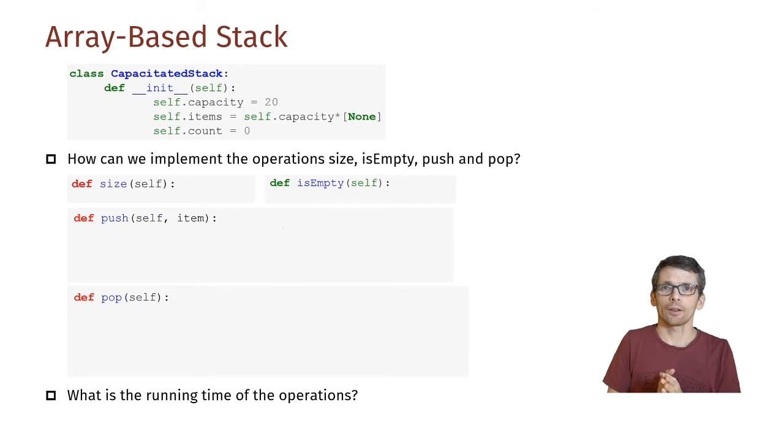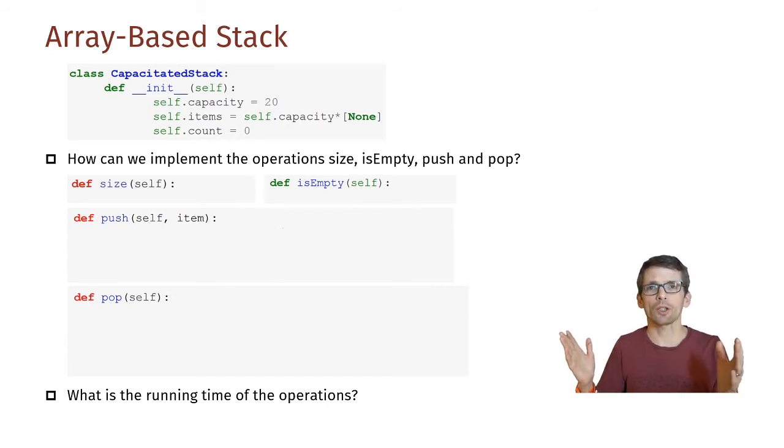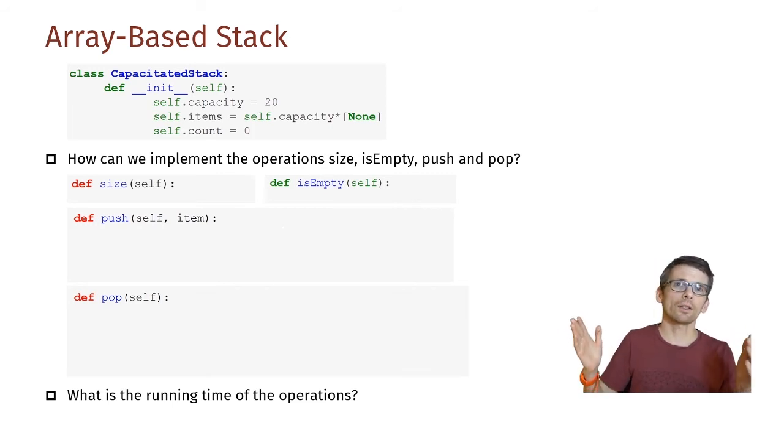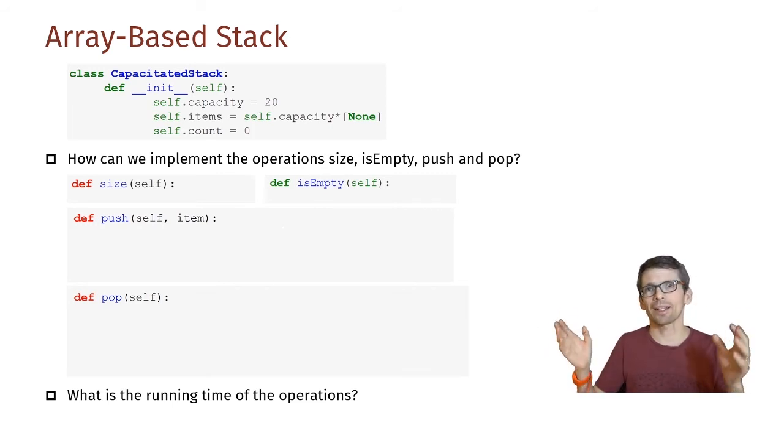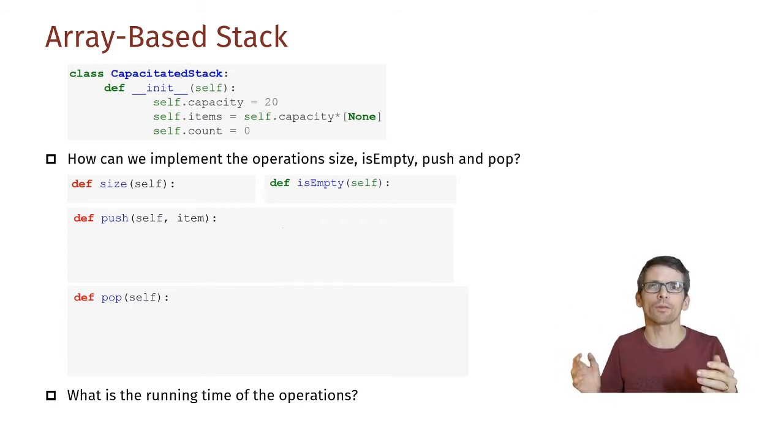So a stack has a capacity, meaning how many elements can I store on the stack. It has a list of items, or an array. We want to see this as an array of items, which is of course implemented using a Python list. And we also store how many items currently are in the stack.